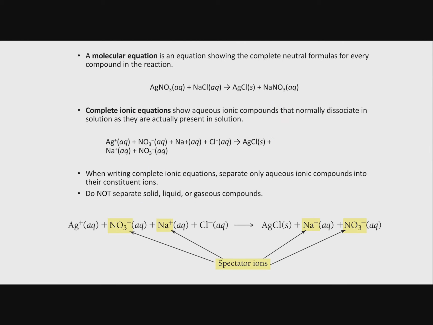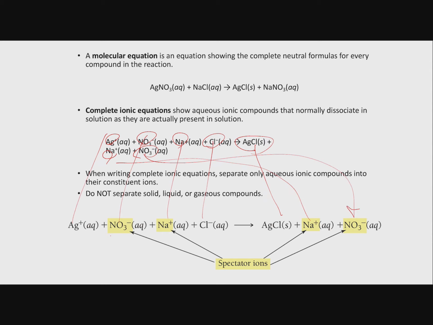And that kind of looks like this. For this example, you can see silver, nitrate, sodium, chlorine, silver chloride didn't get separated, another sodium, another nitrate. We look at what are called spectator ions. Spectator ions are going to be in their ionic form on both the reactant and product side of the equations.